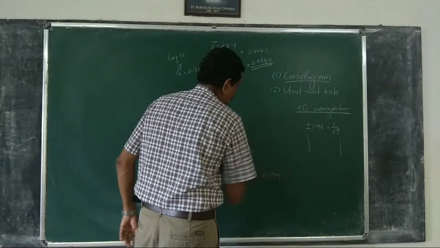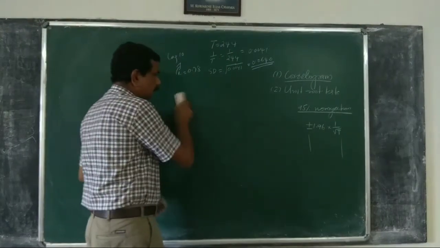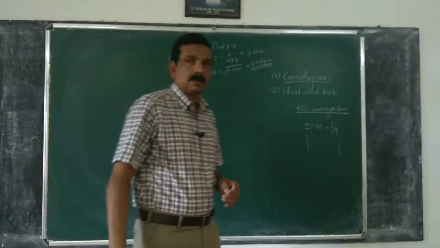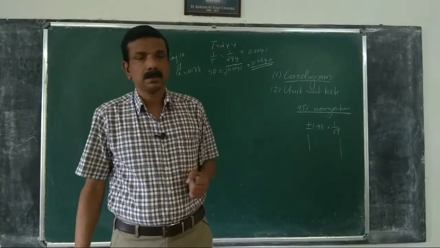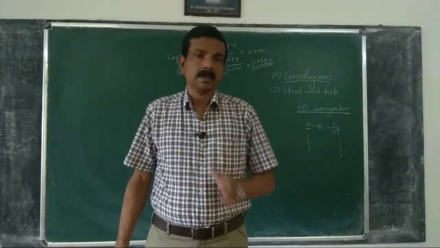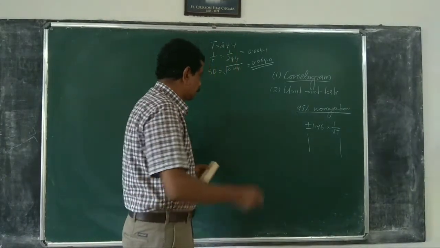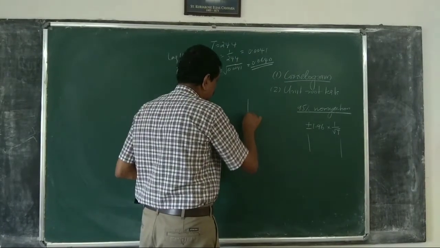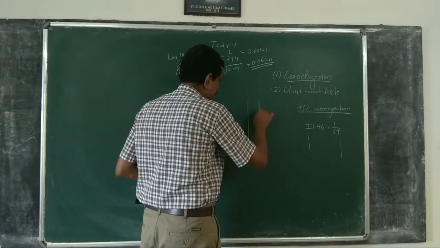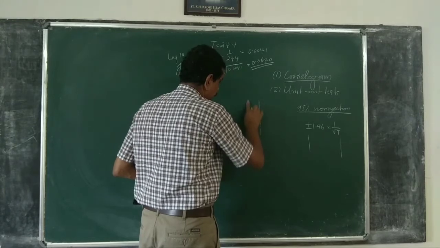Now, if you are using software for calculating the correlogram, you will get the interval as dashed lines.